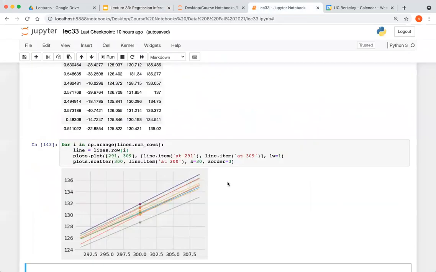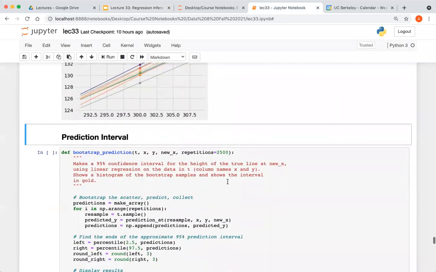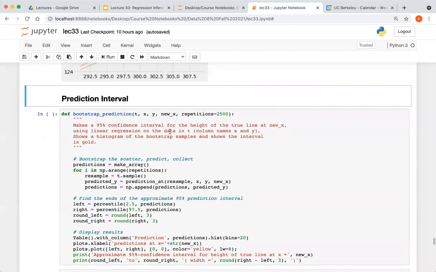Okay, so let's run through this again. This is a function, a bootstrap prediction. It'll take the name of our table, the label of our x column, the label of our y column, and then the x where we want to make the prediction. We're making a prediction for somebody who we think is a new individual who looks very much like the old individuals. We just haven't measured their y yet.